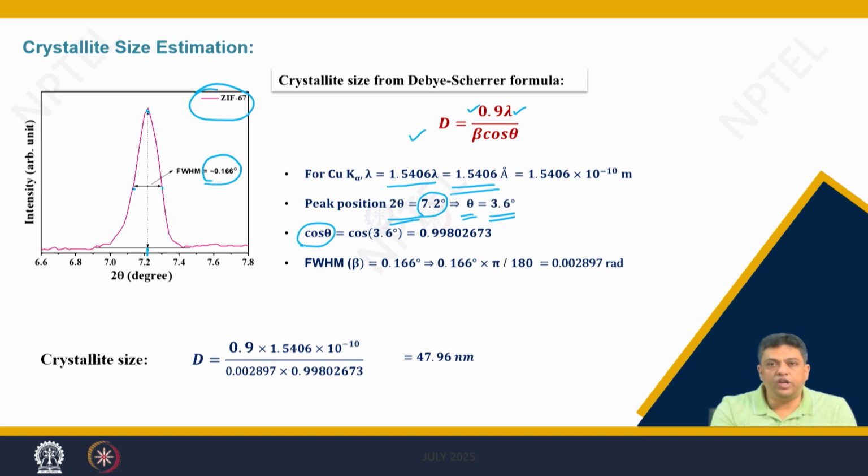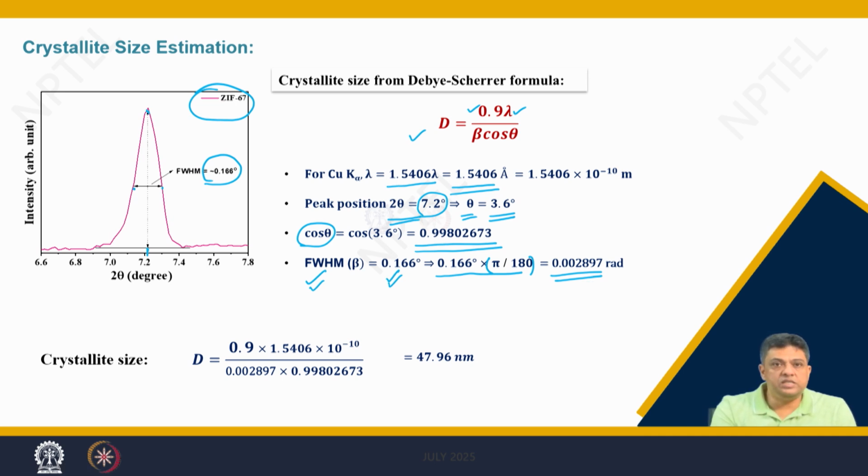Cos of 3.6 is given by 0.99802673. So, you can either truncate it at certain point or you can take this value. FWHM is 0.166 degrees. Then you convert it to radians. So, that becomes this value into pi by 180, that gives you 0.002897 radians.